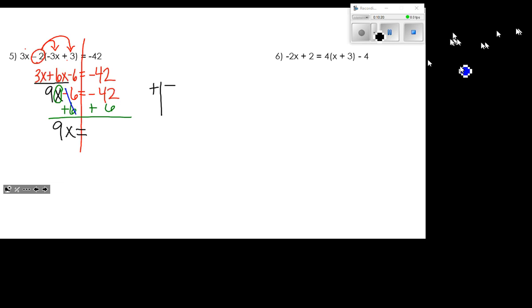Let's make a T-chart. 42 goes on the negative side. 6 is on the positive side. We know that the negatives are winning. And if you find the difference of those two numbers, you get 36. So negative 36.